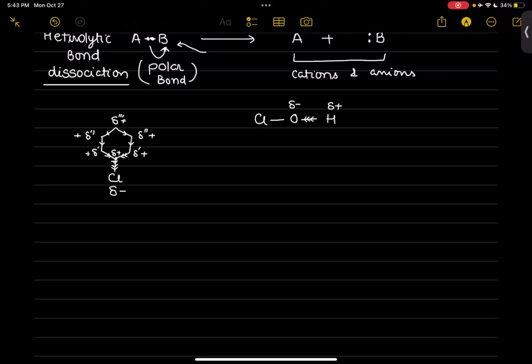Between oxygen and Cl, though both are electronegative, oxygen is more electronegative. So oxygen will pull the electrons from Cl also, and Cl will have a partial positive charge. The electronegativity order is like this.